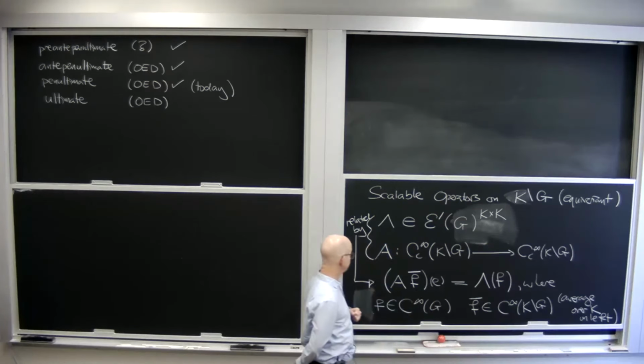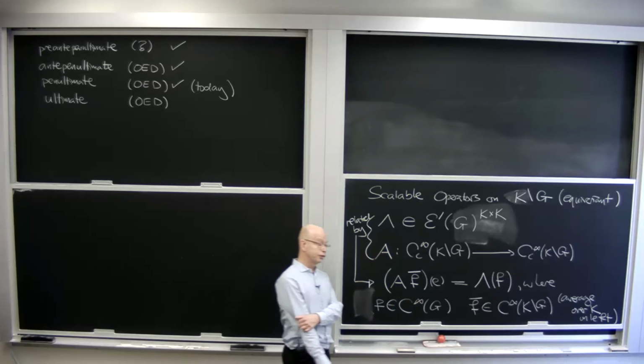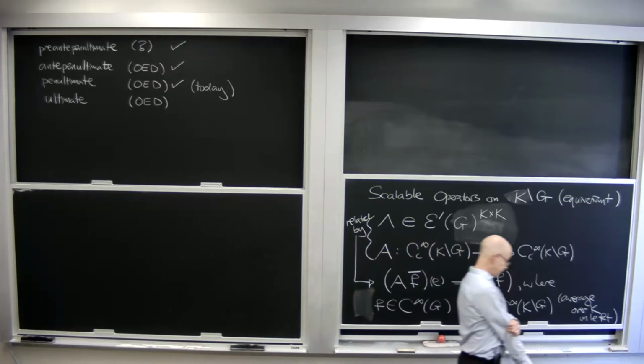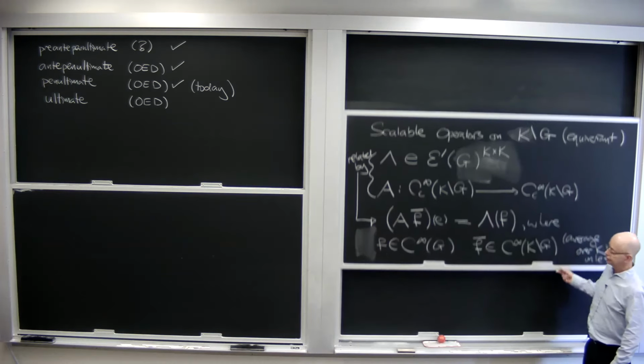So there's no difference between operators on k mod G, which are G invariant, and convolution operators, left convolution operators by distributions which are k times k invariant. So the whole operator is packaged up neatly in a single distribution, which is some generalized function of some sort on G. Okay. Now back to where we were.